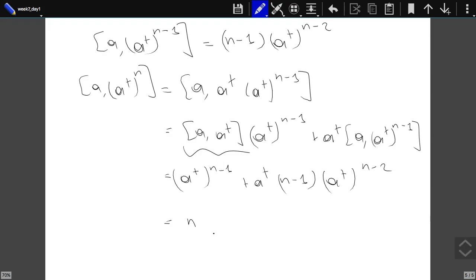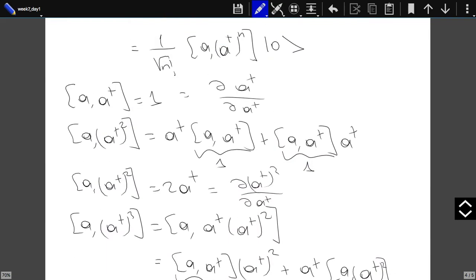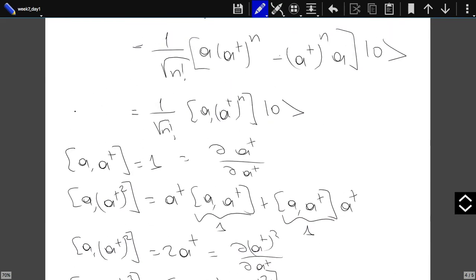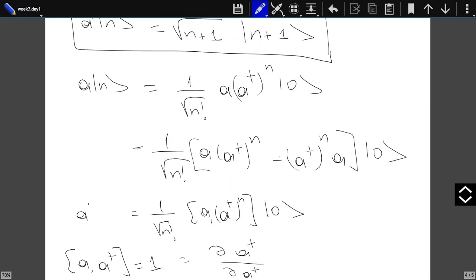So if you just sum them up, it just becomes n times a dagger to the power n minus 1. And by induction, it is true for all integers. Well, we basically needed it to calculate what A acting on |n⟩ is.